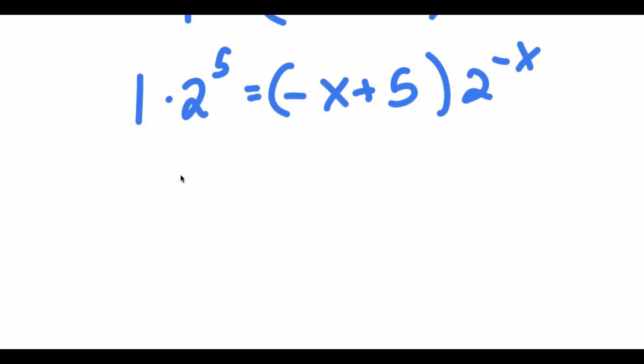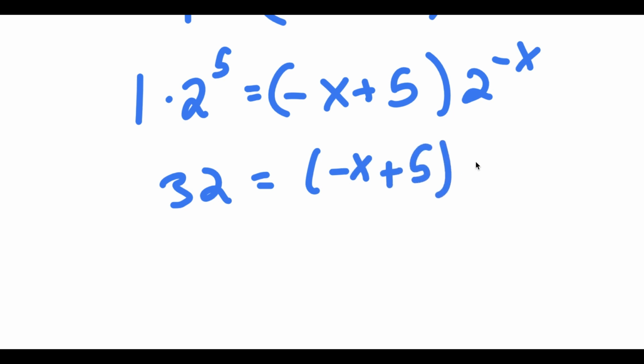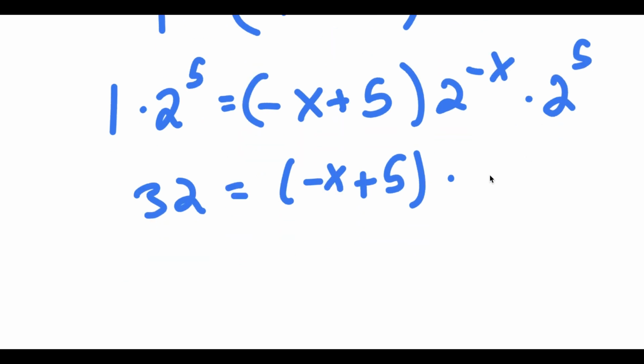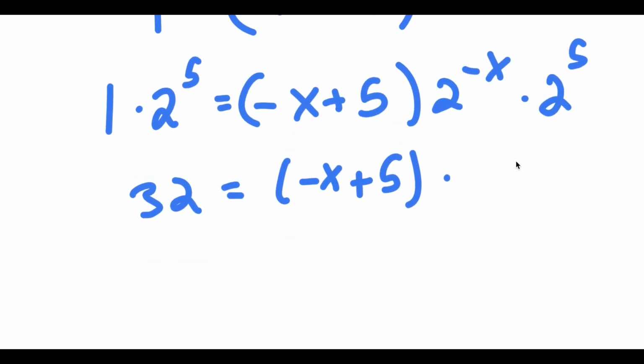And 2 to the power of 5 is 32, so I get 32 is equal to negative x plus 5 times, sorry, I forgot to multiply this side by 2 to the power of 5, but 2 to the power of negative x plus 2 to the power of 5 is 2 to the power of 5 minus x.